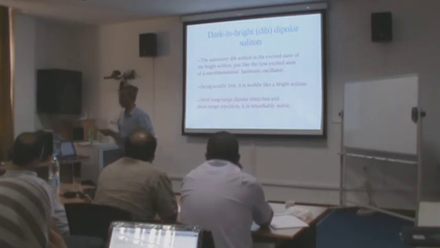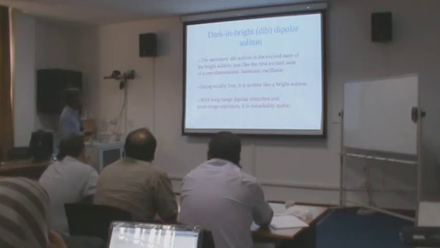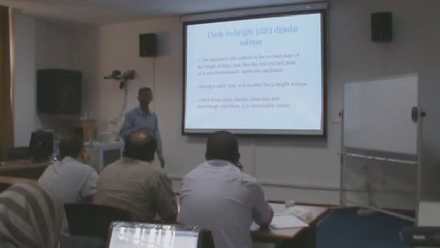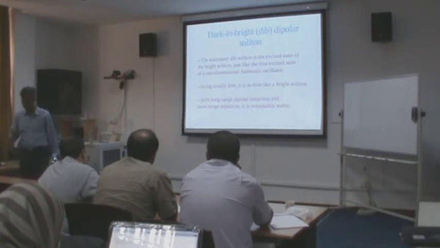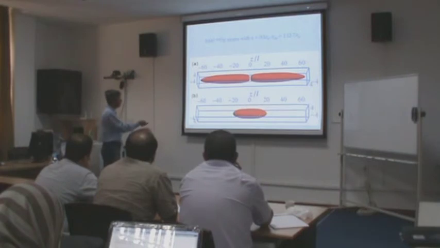So this has the shape of a dark-in-bright soliton. So you can do the excited state of the bright soliton. We can do the calculation, and the excited state of the bright soliton has this picture. This is the bright soliton at the bottom, which we considered so far.